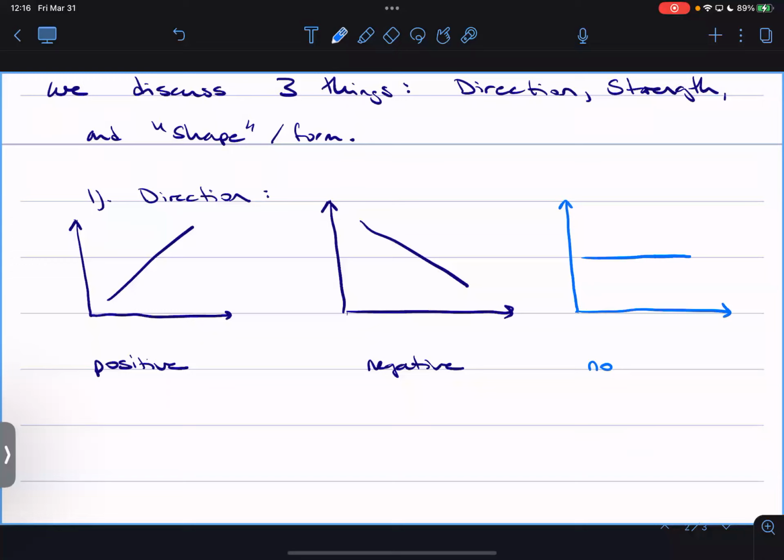No relationship would look like this. So we don't really use this one, but that is what no relationship would look like. Why would it be no relationship? Because it doesn't matter what value of X I put in, the value of Y is going to be the same, right? And so it doesn't matter, there's no relationship, right? Whereas here, if I put in a low value of X, I get a low value of Y. If I put in a high value of X, I get a high value of Y, right? And so on and so forth. So then there are relationships.